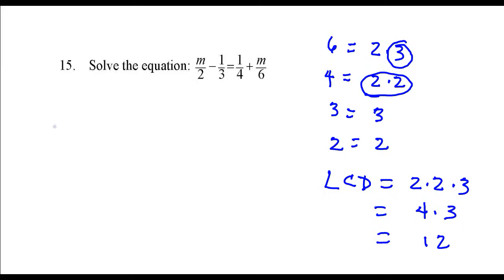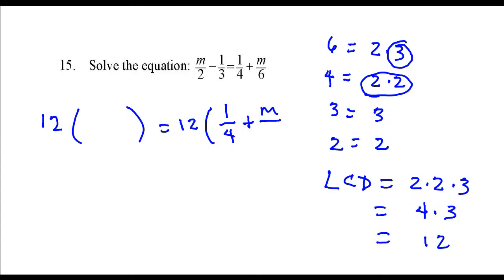Now what I'm going to do is multiply the least common denominator on both sides of the equation. Okay, use the distribution property. Go to 12 times this fraction.